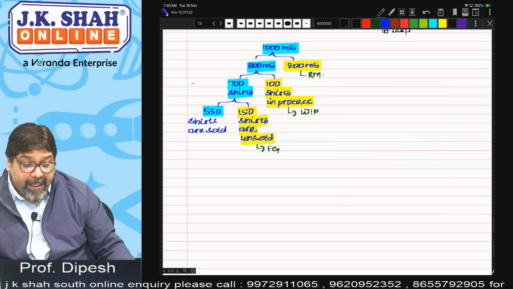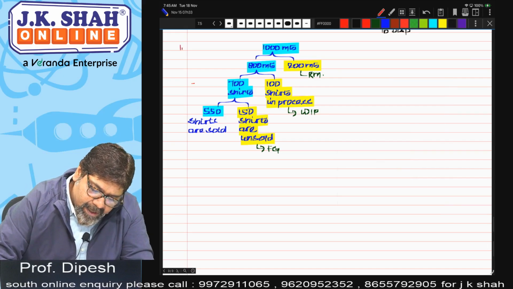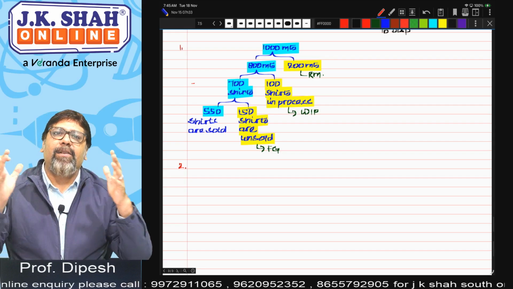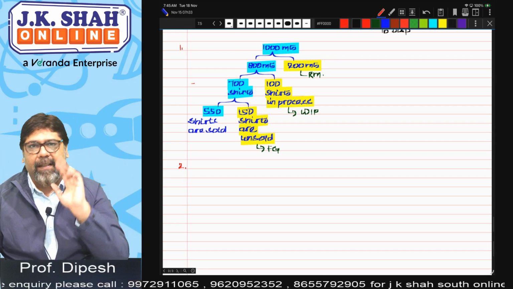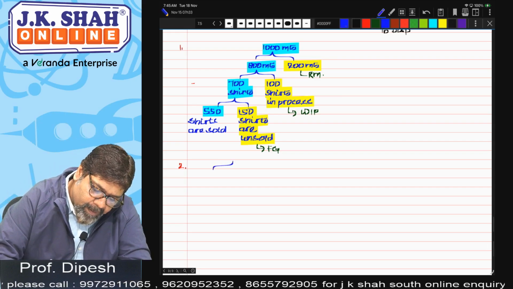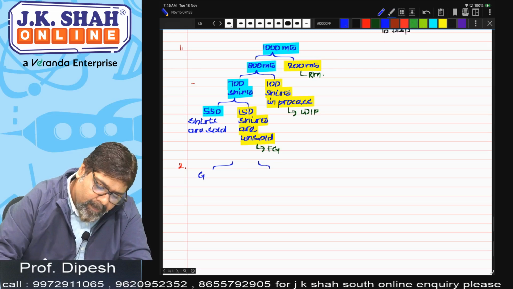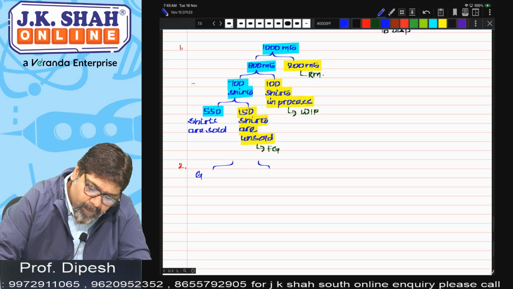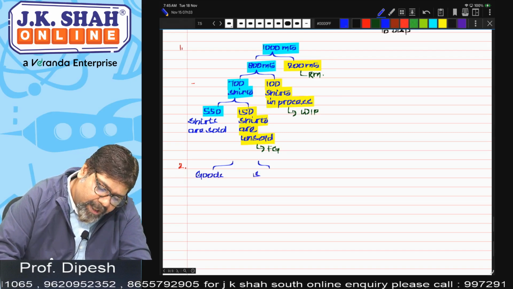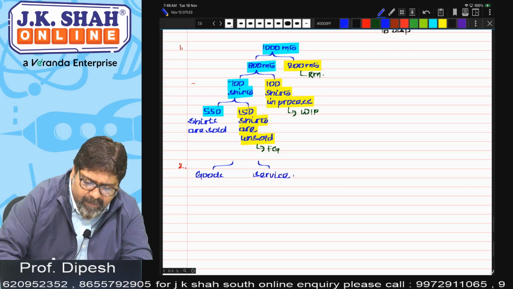Now inventory is divided between two organizations, rather three. There are two types of organization. One is goods sector, the other is service sector.